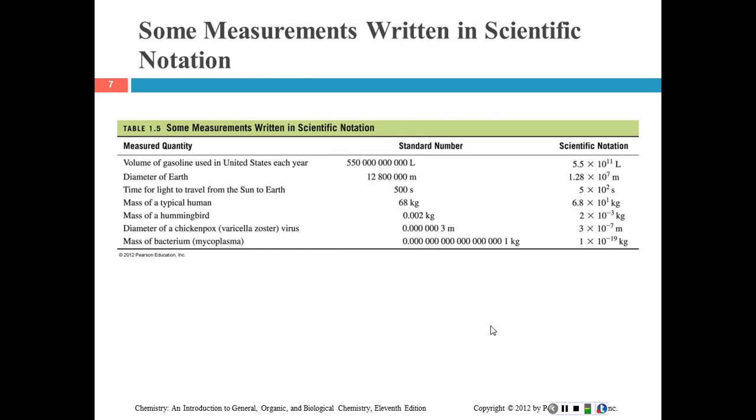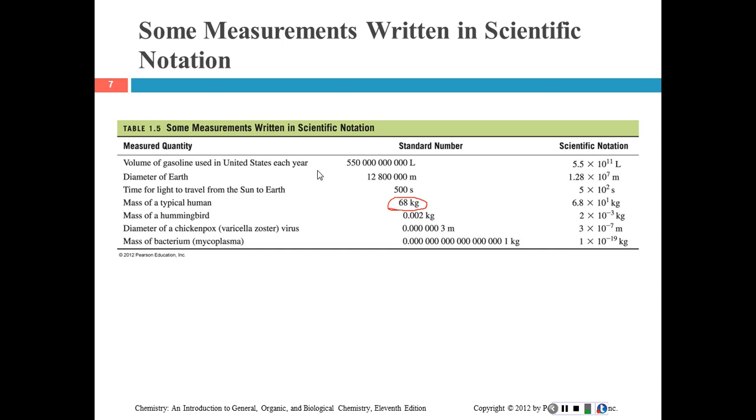So I was telling you earlier, there are some really big numbers in the world, and there are some really small numbers in the world. Usually something like the mass of a human, about 68 kilograms, is right there in the middle. That's not so bad about needing to be in scientific notation.